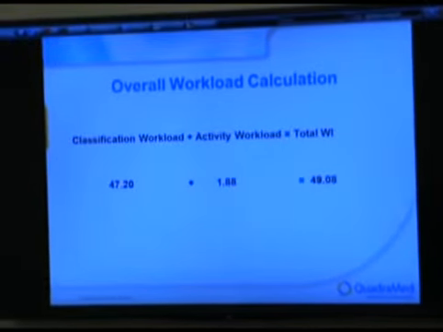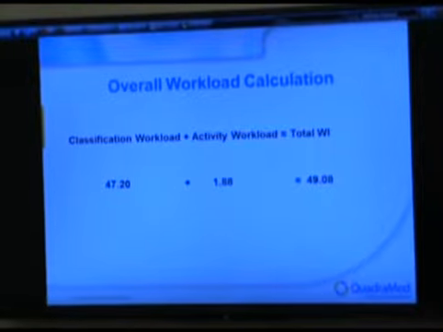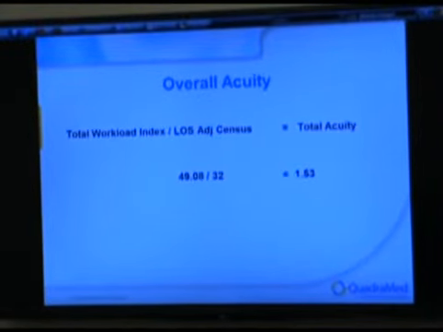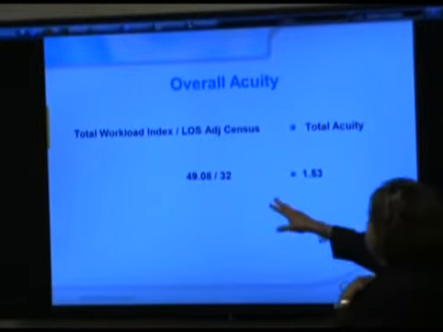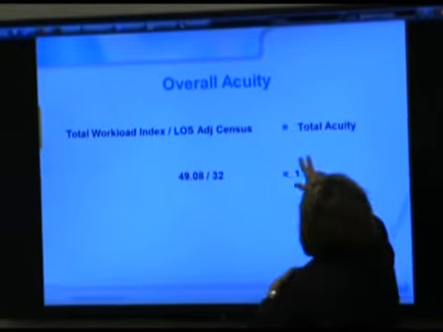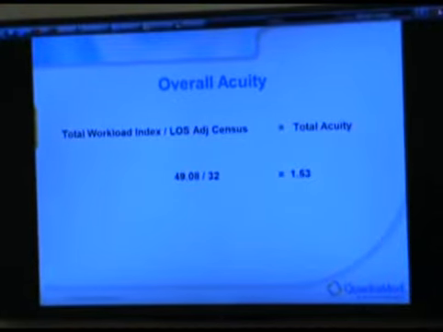Then the software takes the classification workload and activity workload, and if we take the total workload divided by the census, it will give us total acuity.